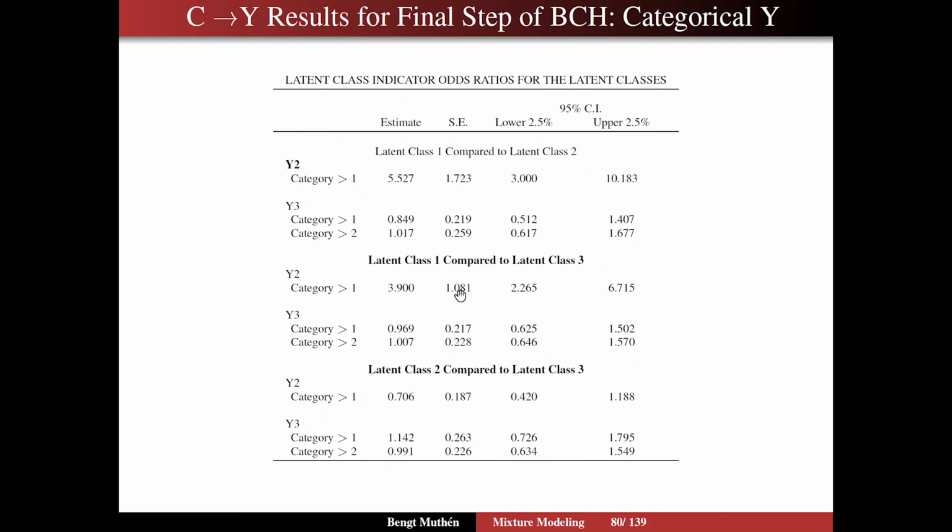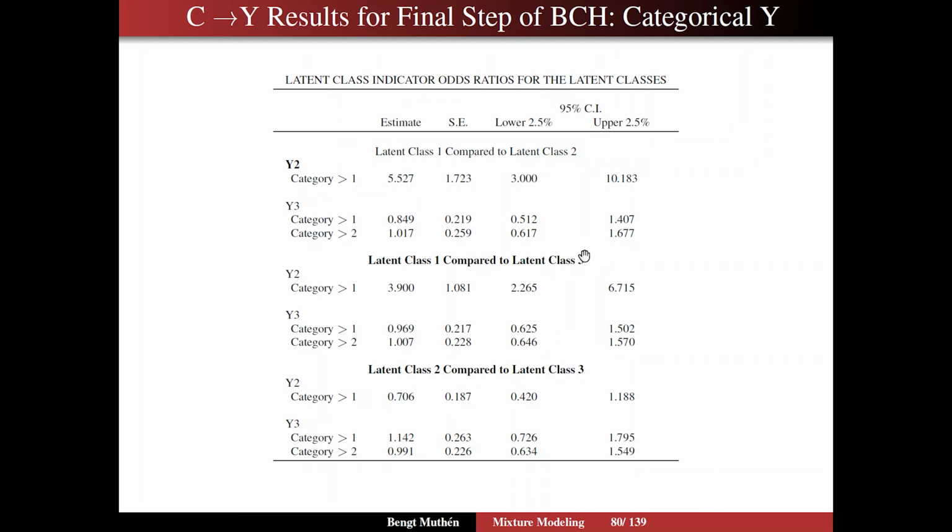And the odds ratio has a confidence interval that does not cover 1, so latent class 1 compared to latent class 3 does indeed have a significant effect on Y2. For Y3, however, there's not a significant effect because the intervals cover 1, and we saw that earlier as well.